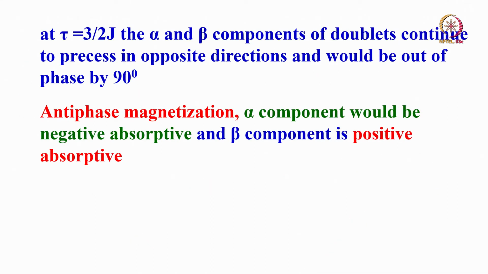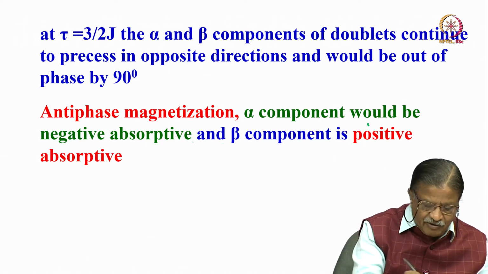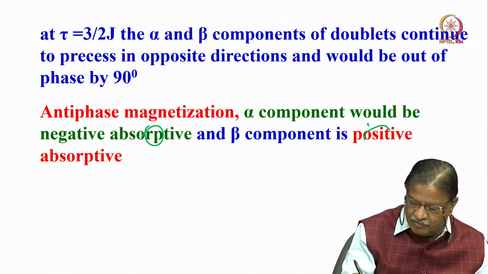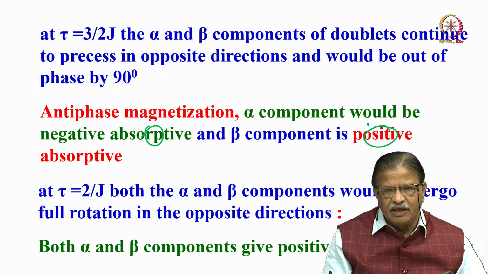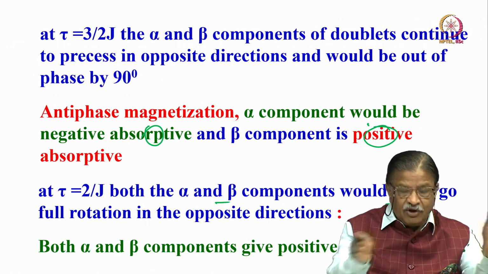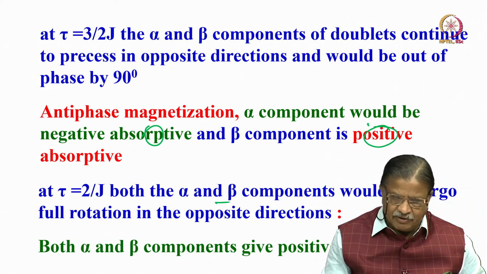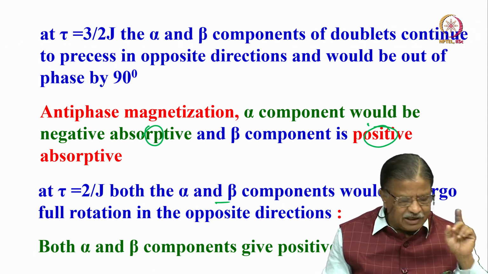At 3 by 2J, the alpha and beta components of the doublet continue to precess in opposite directions and will be out of phase by 90 degrees. And this is anti-phase magnetization. Again, the alpha component would be negative absorptive and the beta component would be positive absorptive. And exactly at 2 by J, both alpha and beta components would undergo full rotation and come back and give us a positive absorptive signal. You understand now clearly.